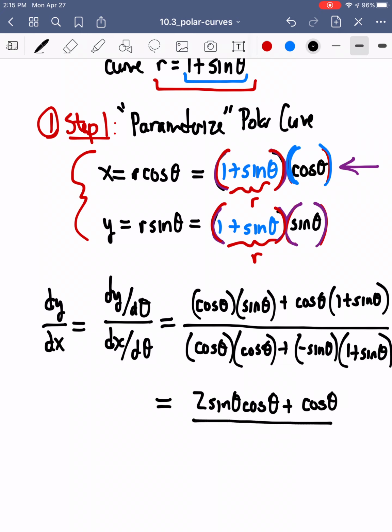And then we divide that by cosine squared theta minus sine squared theta minus sine of theta.